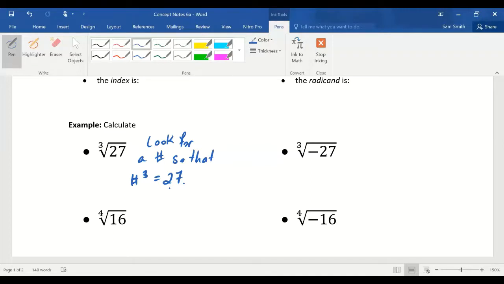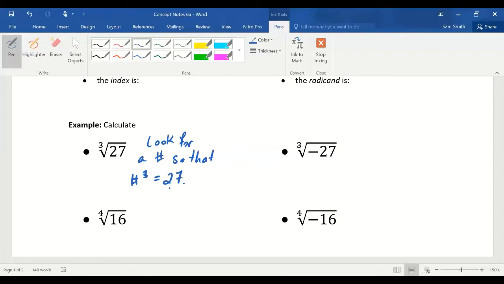So starting with 1. 1 times 1 times 1 is 1, so that's not going to work. So I'll move to number equals 2. 2 times 2 times 2 is 8, so still too small.